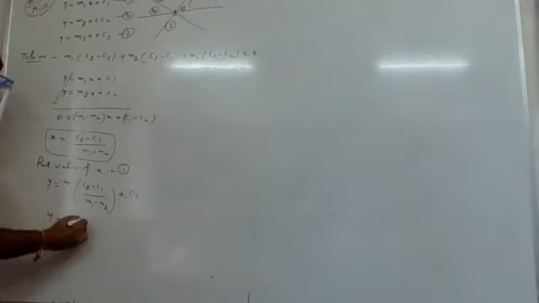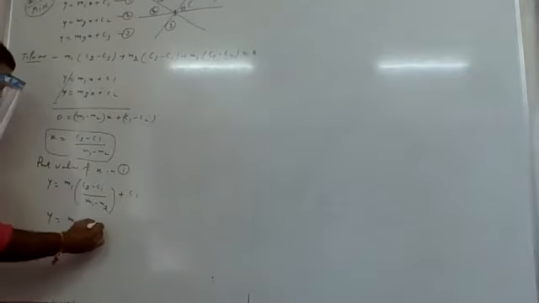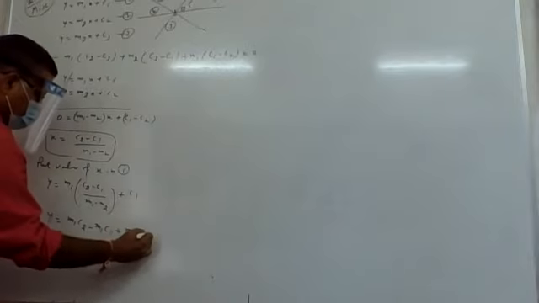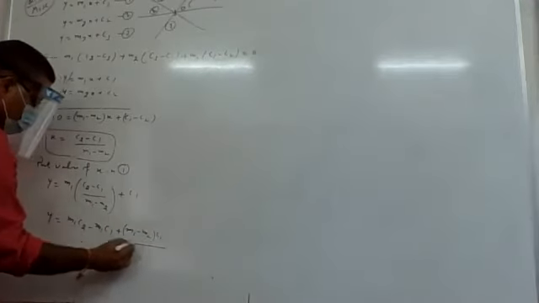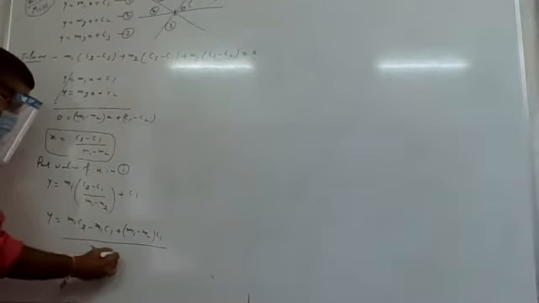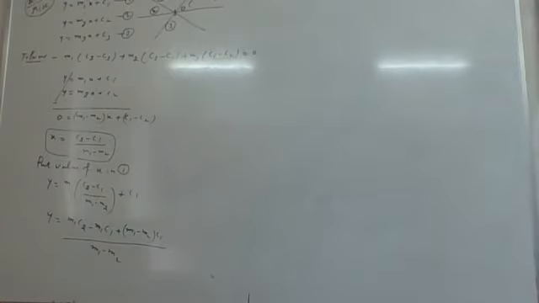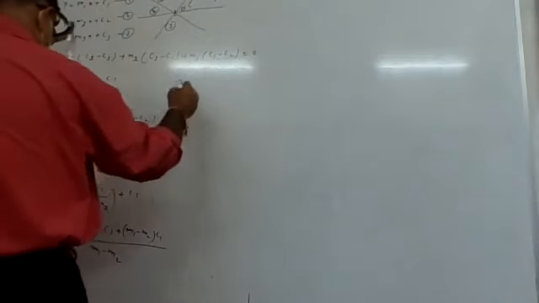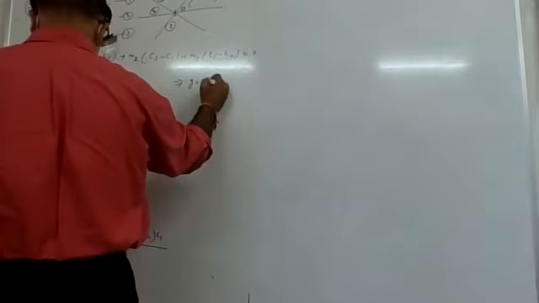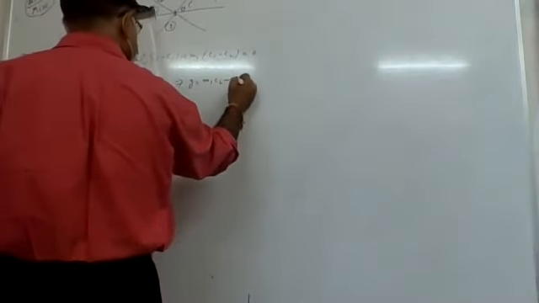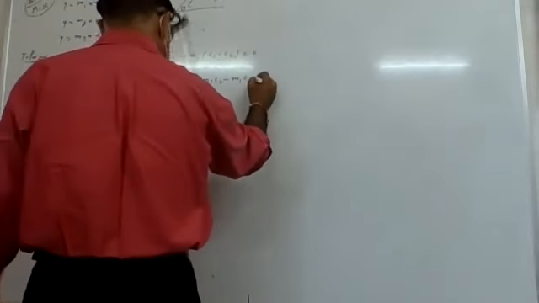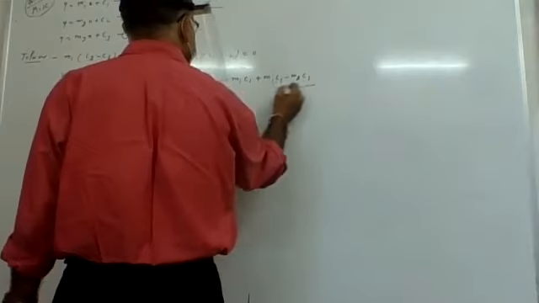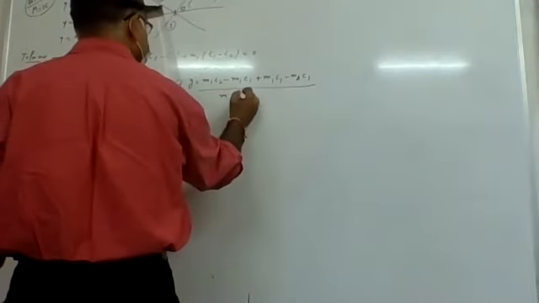Y is equal to (m1 c2 minus m1 c1 plus (m1 minus m2) c1) upon (m1 minus m2), which implies y is equal to (m1 c2 minus m1 c1 plus m1 c1 minus m2 c1) upon (m1 minus m2).